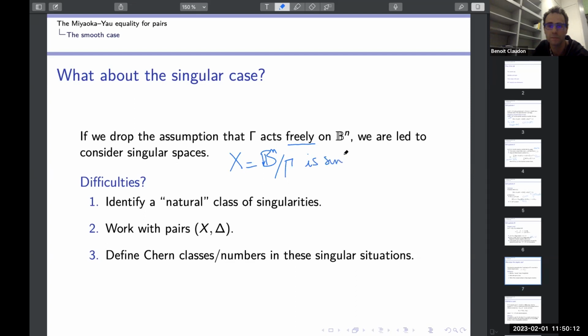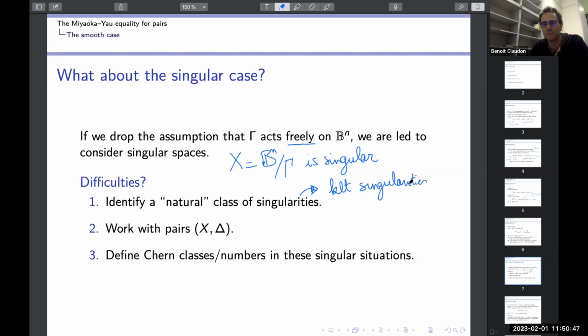It has very mild singularities since it's only quotient singularities, but we would like to work in a more general setting. So this is the first point: we would like to identify a natural class of singularities to work with, and it is more or less clear that we should work with KLT singularities.